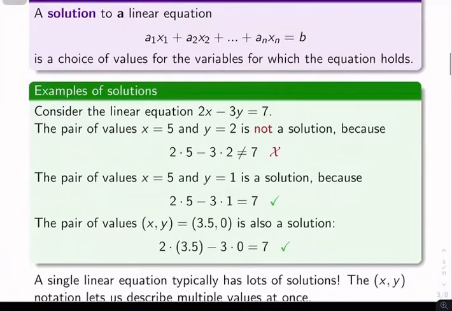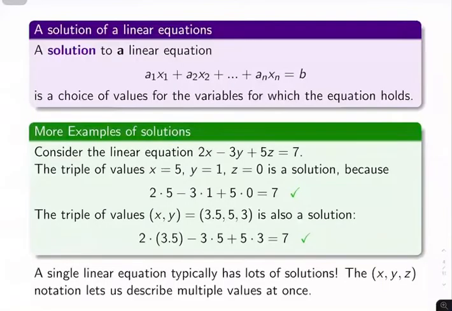A single linear equation typically has lots of solutions, and the notation (x, y), or other expressions, lets us describe multiple values at once. Here are more examples of solutions to a linear equation. Here we have this linear equation in three variables.